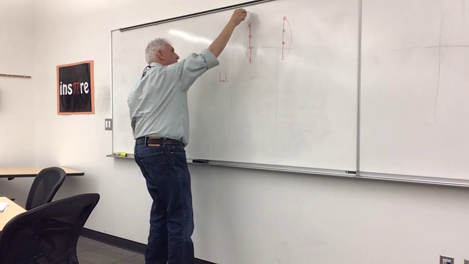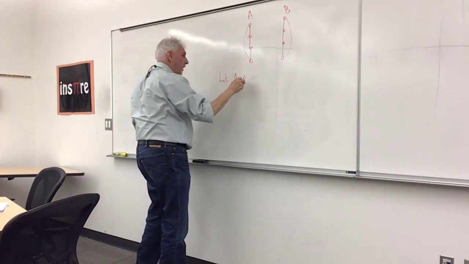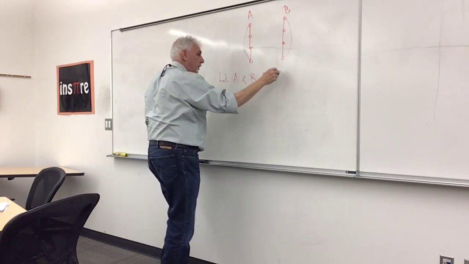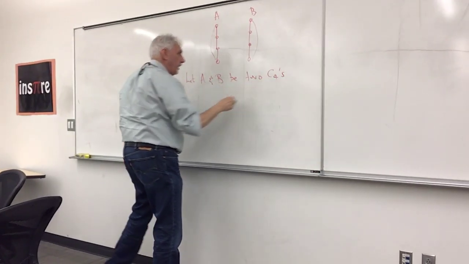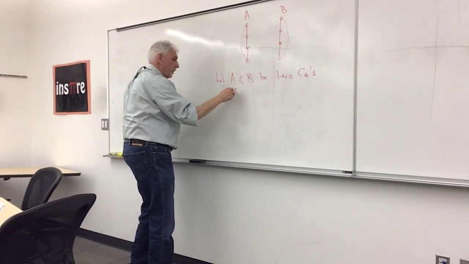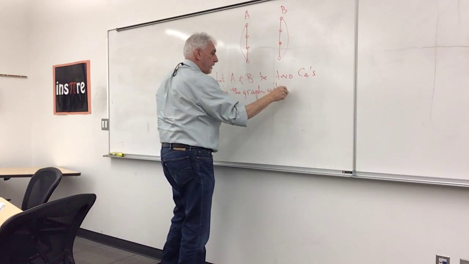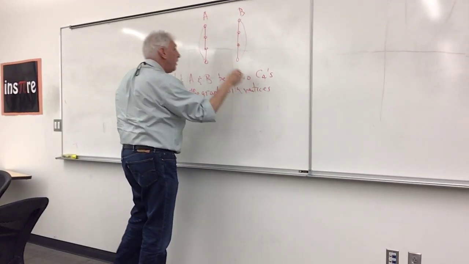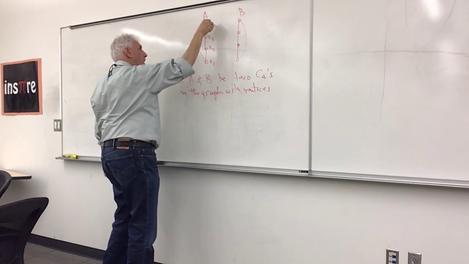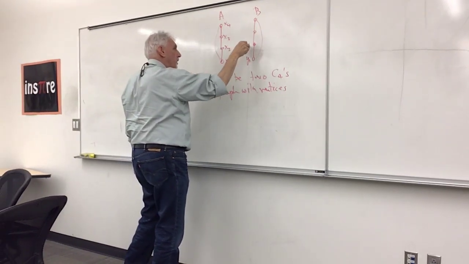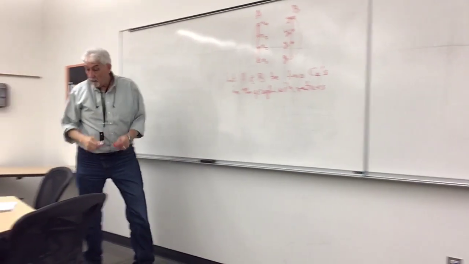Let A and B be two C4s in the graph, with vertices x1, x2, x3, x4, and y1, y2, y3, and y4.